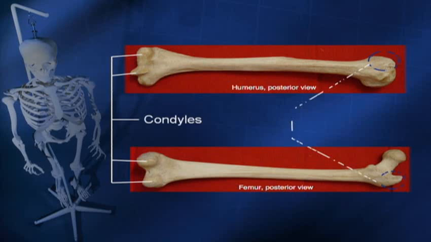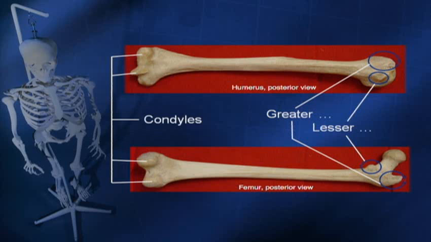So condyles for those. If I look toward the other end of the bone, or other epiphysis, I'm going to see terms that come up: greater something and lesser something. So as I look at this one, what I actually see is a pair of terms, greater and lesser. Now, what do greater and lesser actually refer to?